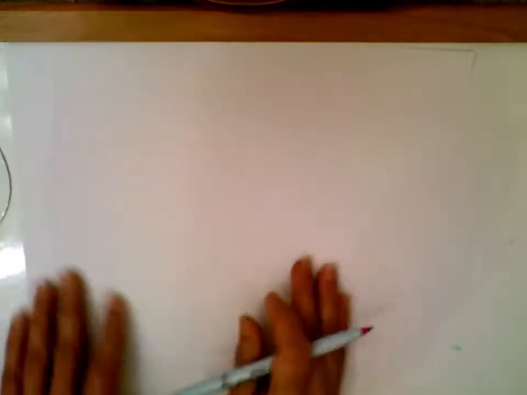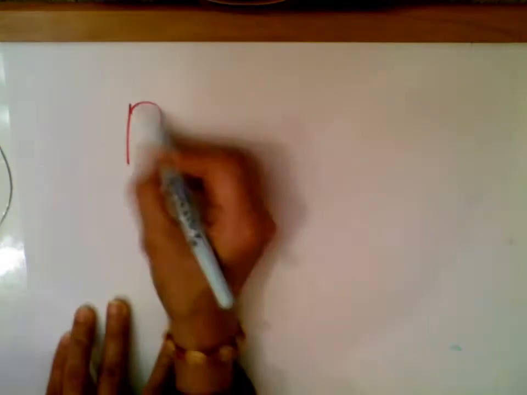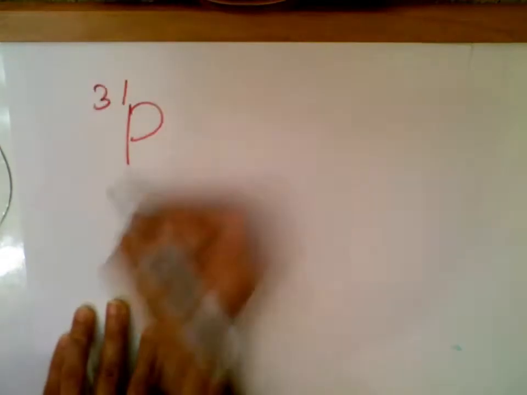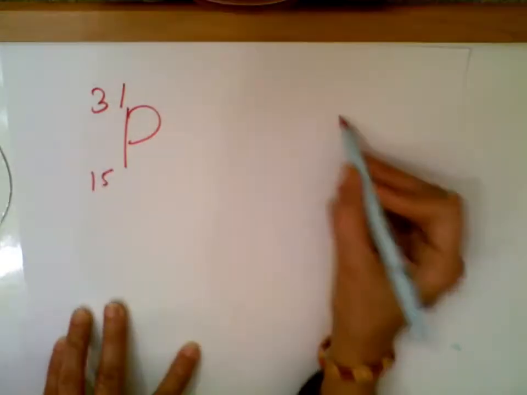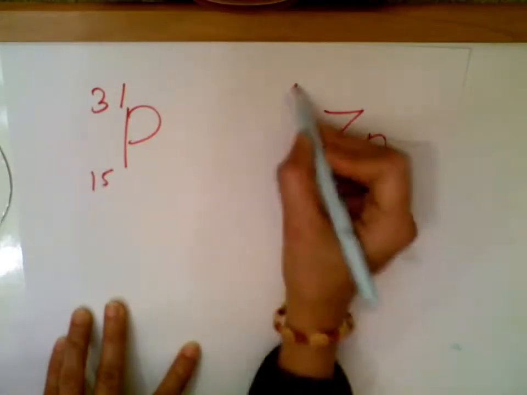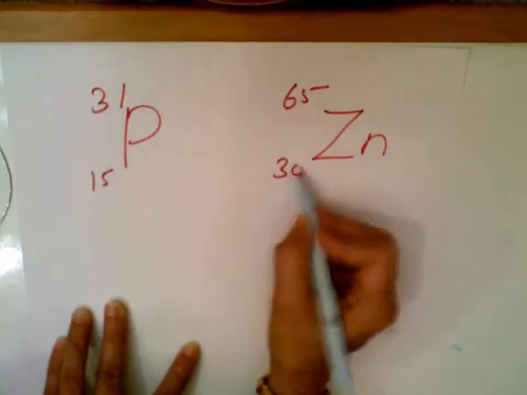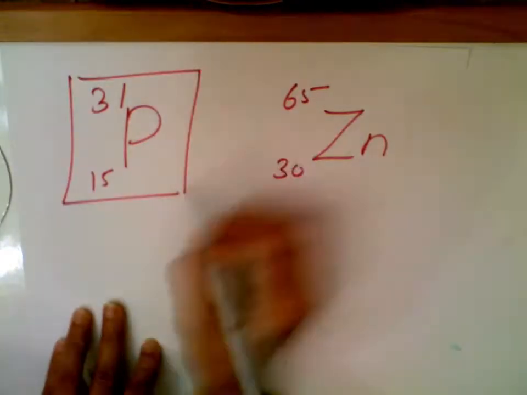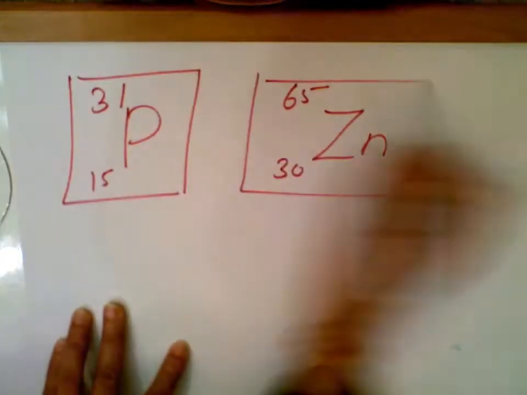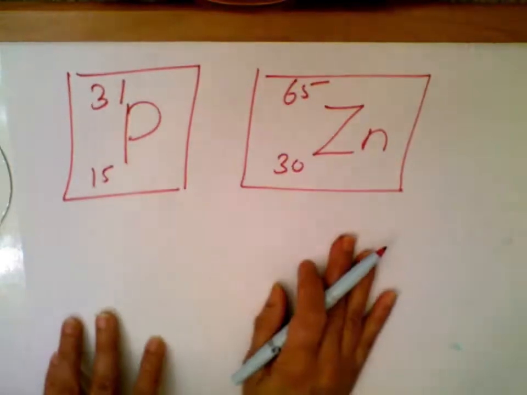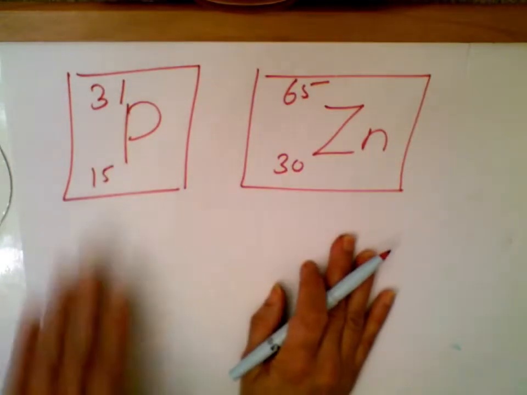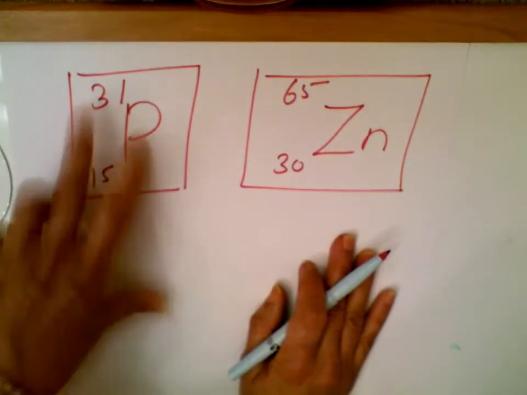Now you should try the next one this time. Let's work on this one. Phosphorus 31 and 15. Zinc 65 and 30. Again, you do not need the periodic table because the atomic number and the mass number are already given.